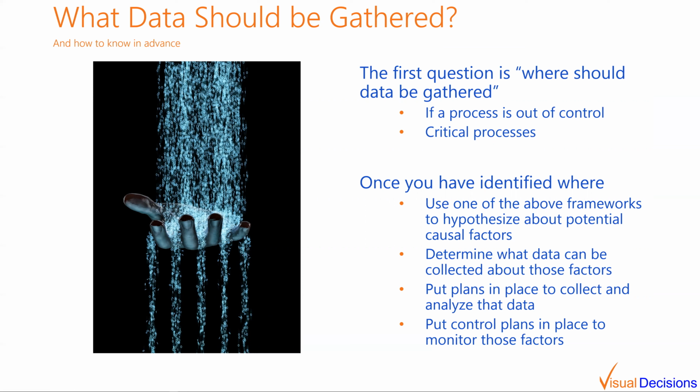And so, if you're trying to decide where you should capture data and looking at prioritizing things, certainly if you have processes that are out of control or critical processes within your operations, start collecting all the data you can from those processes right away. But you can also look at, if you've done an FMEA across your different processes, then you can start collecting data where that FMEA tells you that data collection is critical.